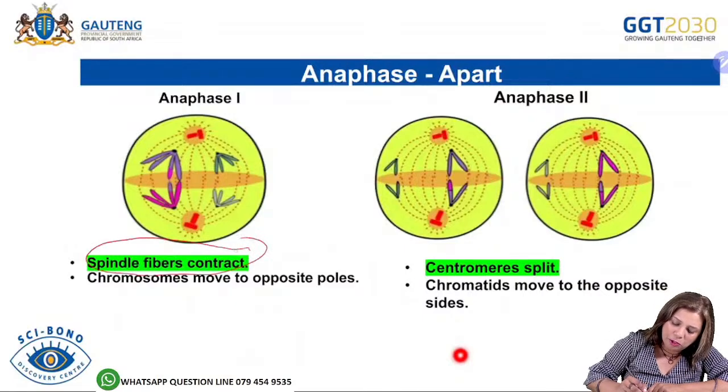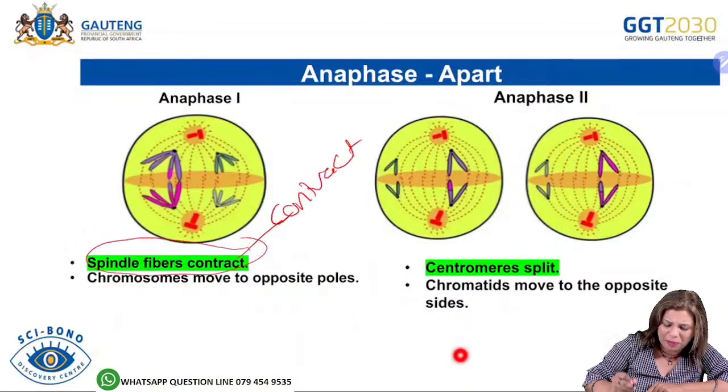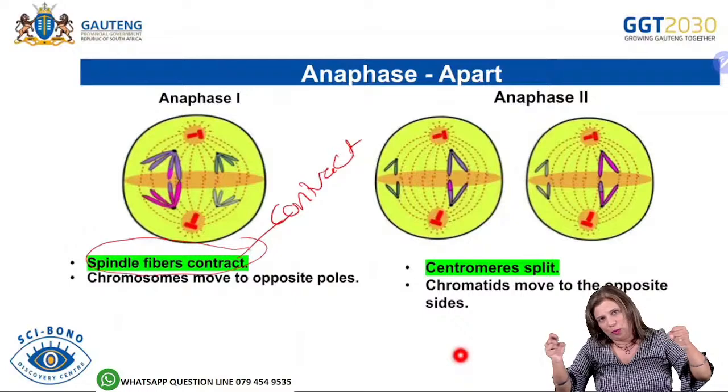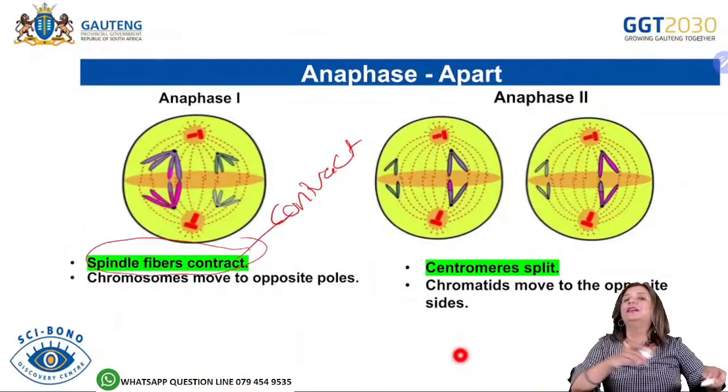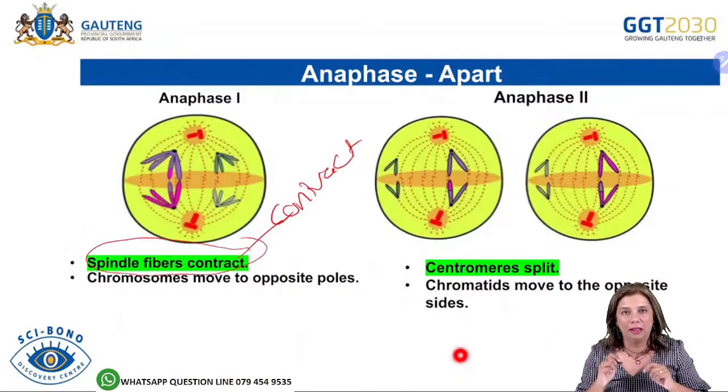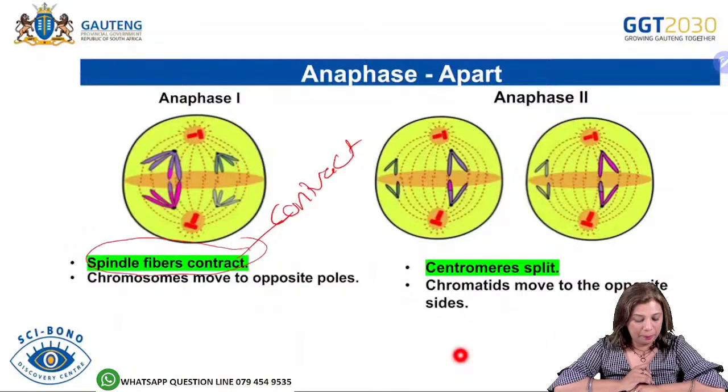Now, you need to use correct biological terminology. What does it mean when something contracts? It's when it pulls. If I've got something here and I pull it apart, it's going to create tension in the middle. So this is what happens here. So the spindle fibers contract and the chromosomes move to opposite poles.